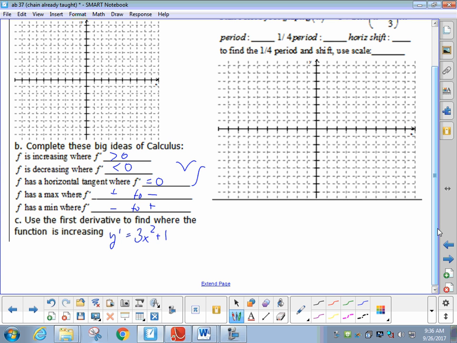If this is 0 and up, then the whole thing would be 1 and up, well, surely that indicates that the derivative is always positive. So f, or y, is always increasing, because the derivative is always positive.